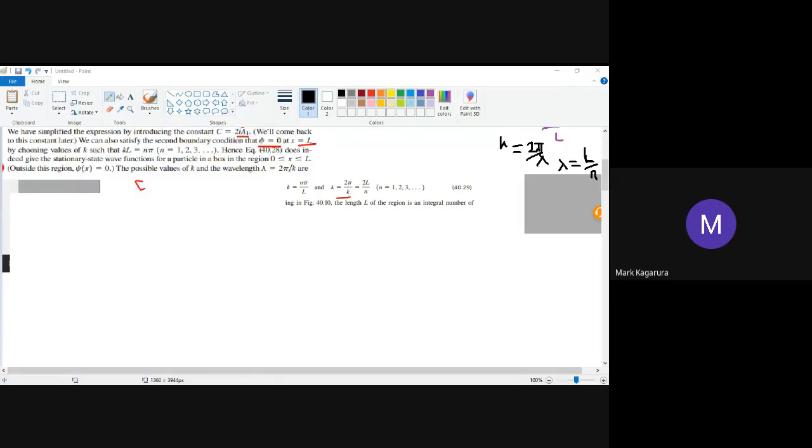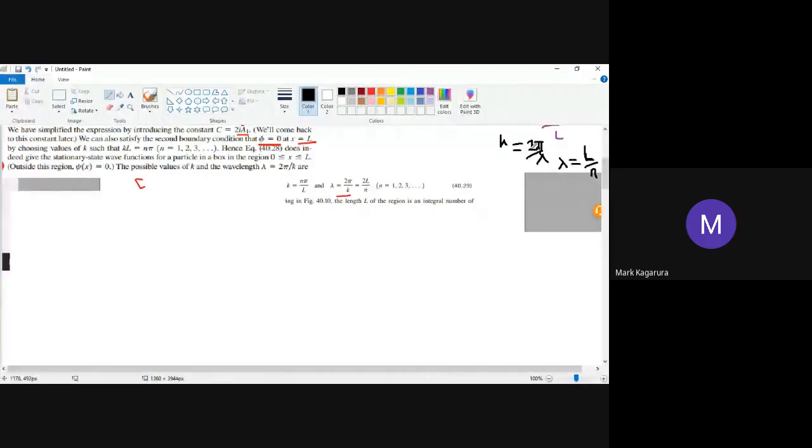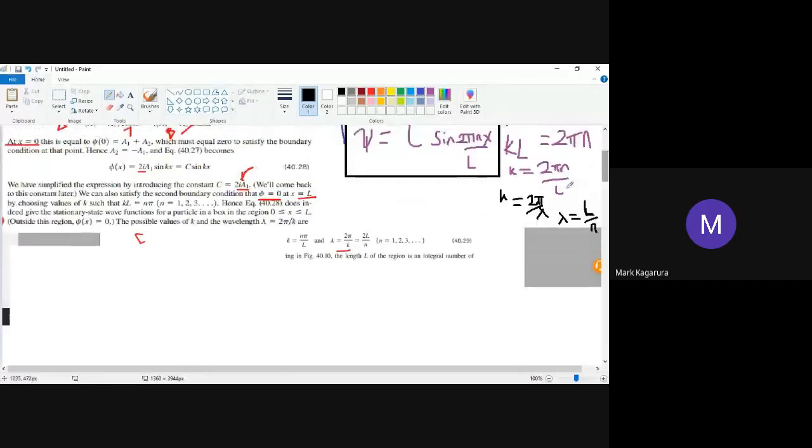I think we'll use the derivative once we're finding. Now we know from De Broglie.